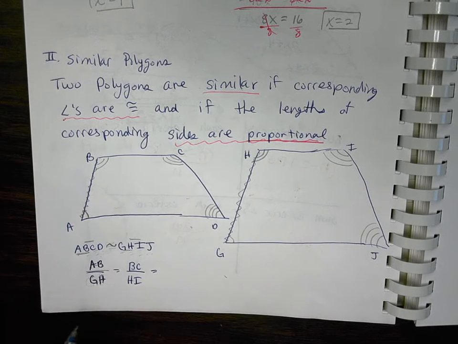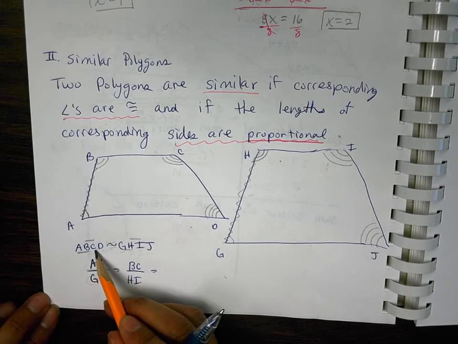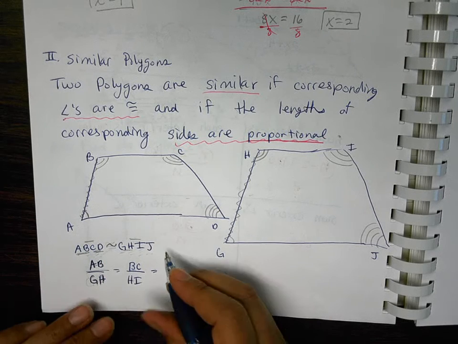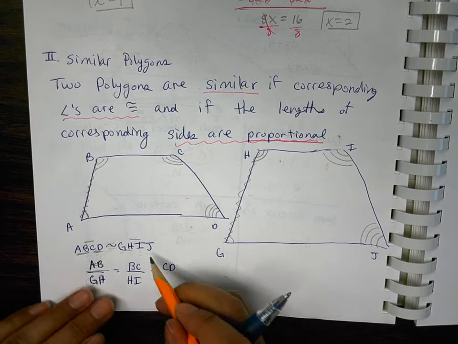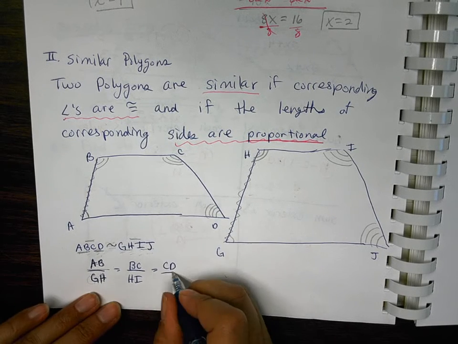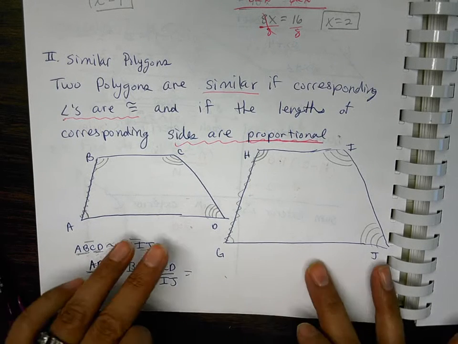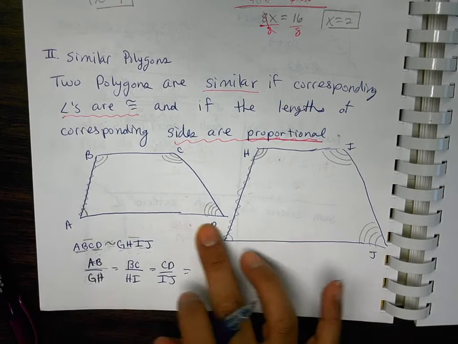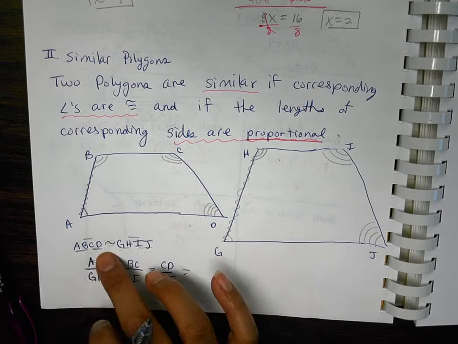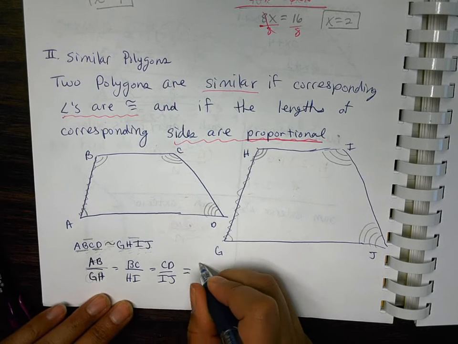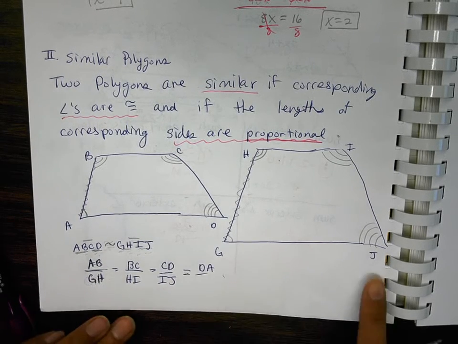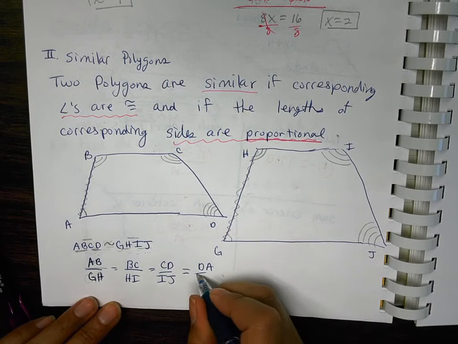If we did AB, BC, the next one would be CD and what? IJ. Now I've run out of sides on here, but do I still have one more side here? DA, or AD, it's up to you, DA and JG.